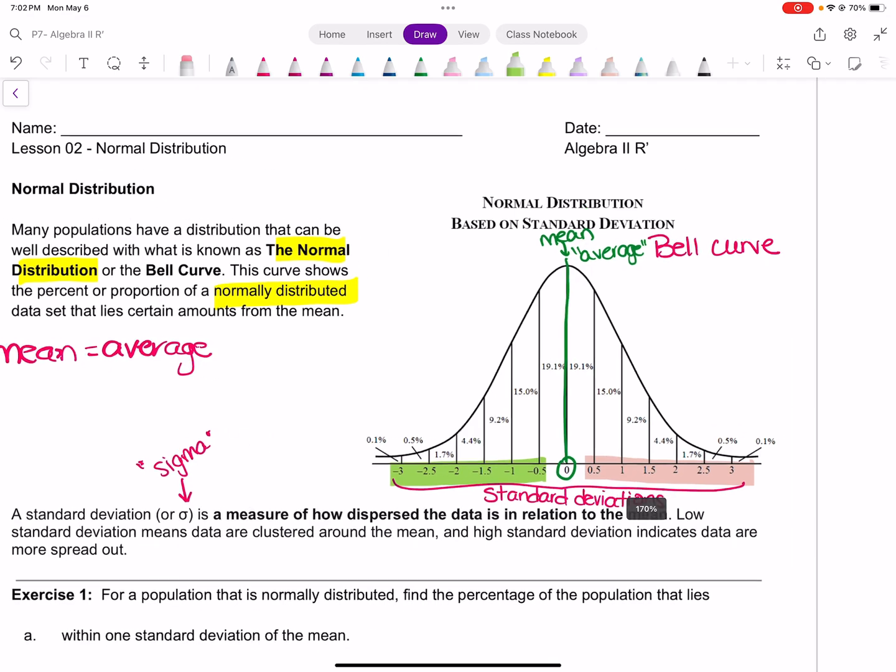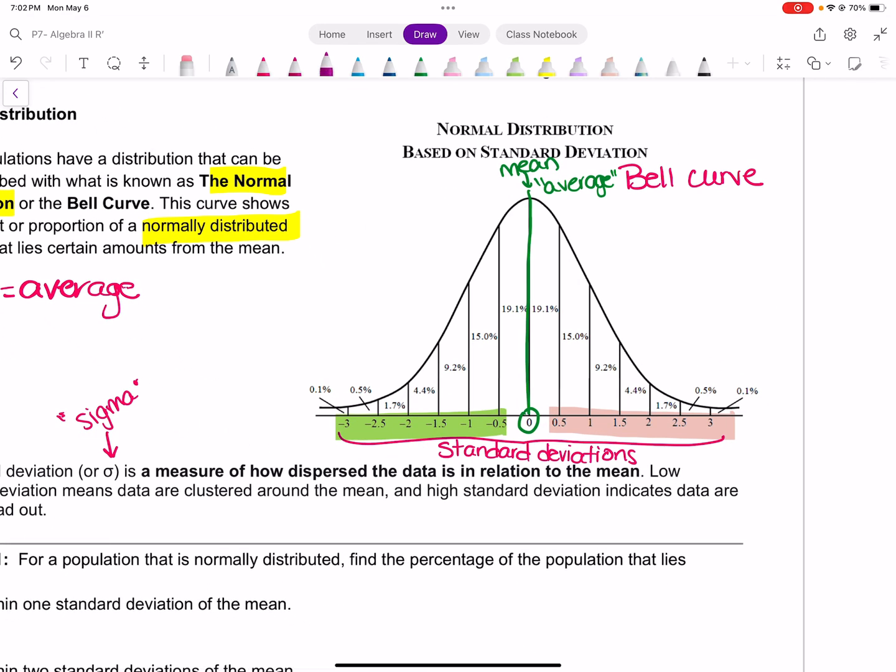So anytime you are to the right, it means that you are above the mean or above the average. Anytime you're to the left of it, it means that you are below the mean or below the average.